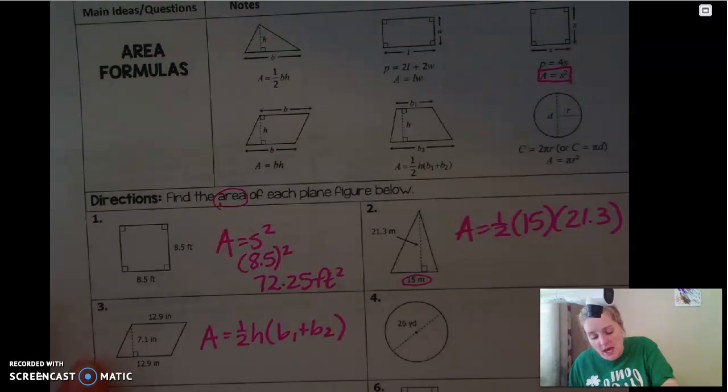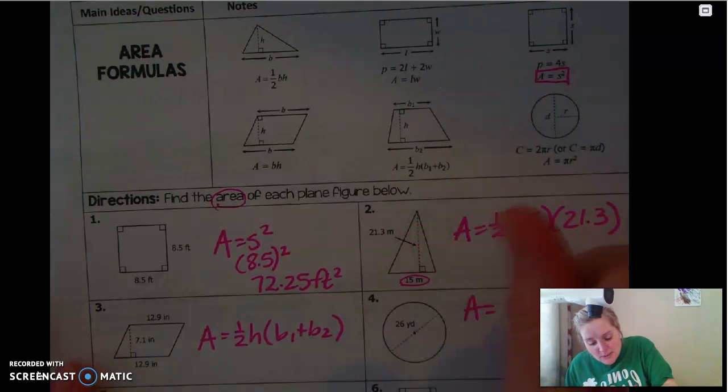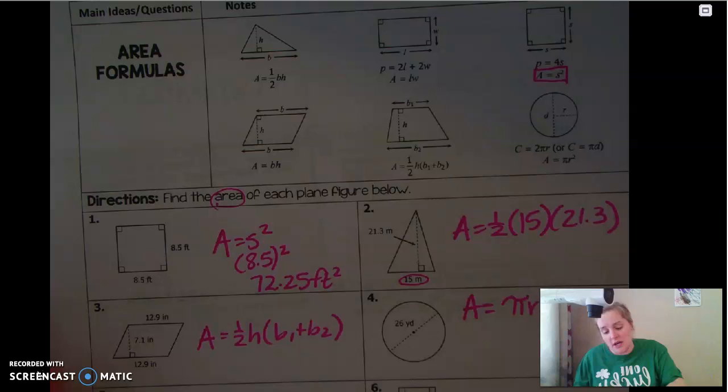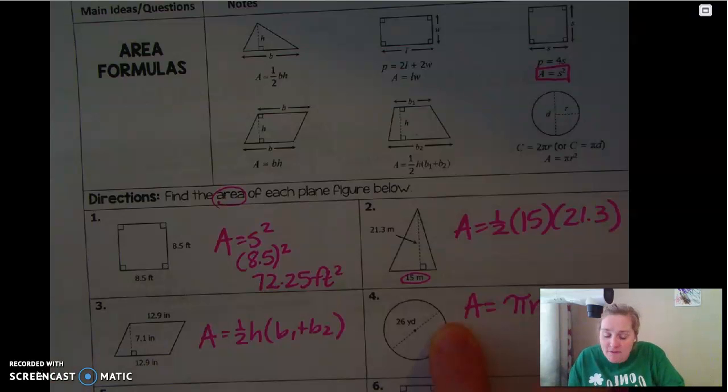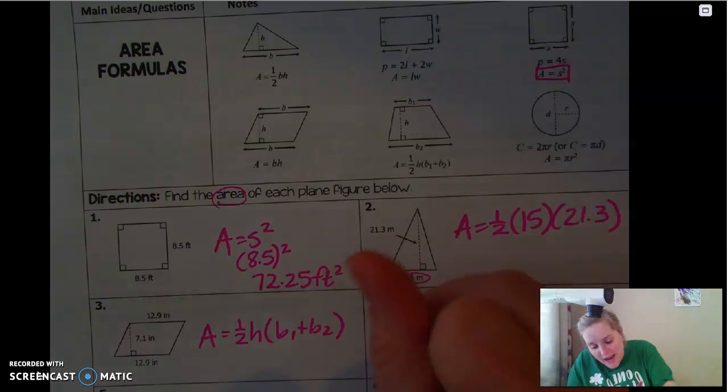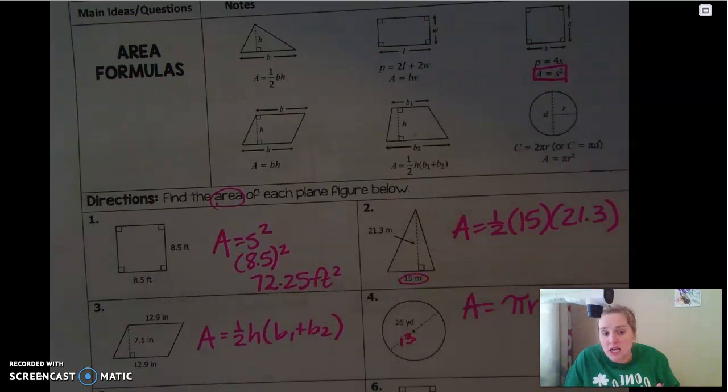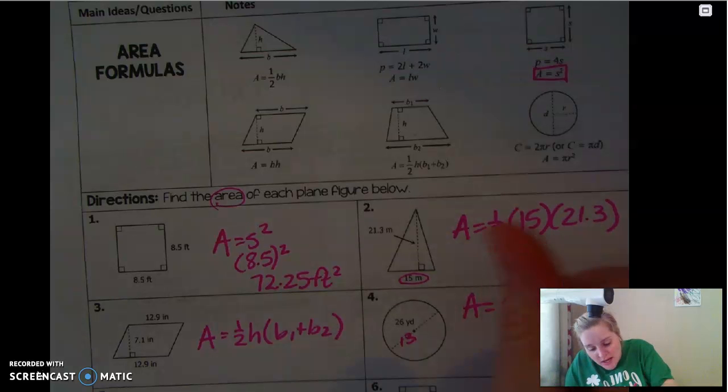Now here's a circle. We haven't talked about the area of a circle yet. The area of the circle is pi r squared. Now 26 right here is the diameter, which is all the way across because the diameter is a chord. So if we want the radius, we want half of that. So half of 26 is 13. So my radius is actually 13, and that's what I would plug into my calculator.